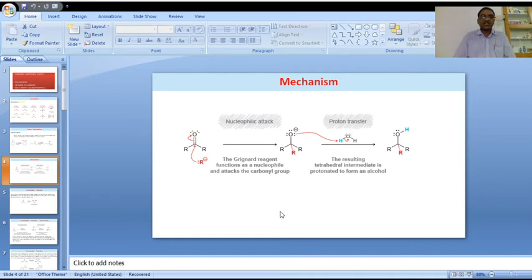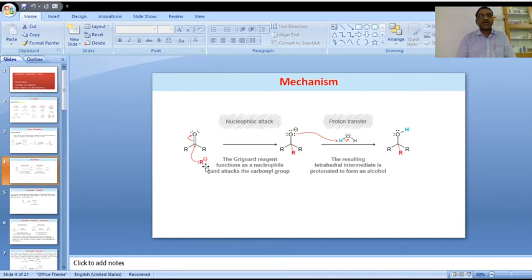In the first step, please observe. The ketone compound is the starting material. The Grignard reagent generally produces an R minus nucleophile, which attacks the carbonyl carbon. The Grignard reagent functions as a nucleophile.